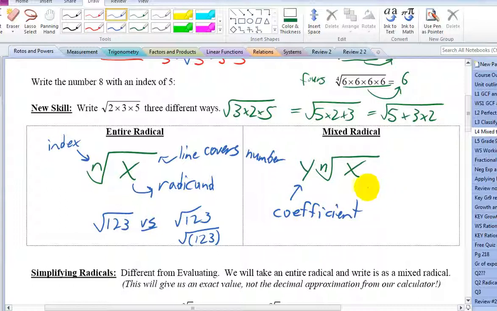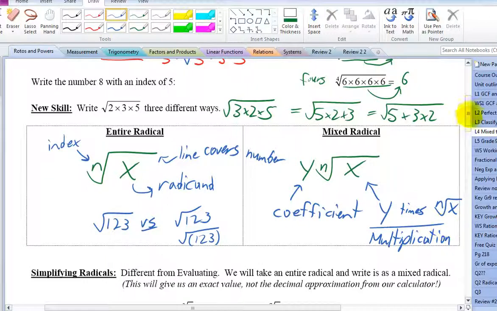So what this actually is y times n root x. Okay, it's a multiplication. In fact, when we're working today, we're always working with multiplications, right?